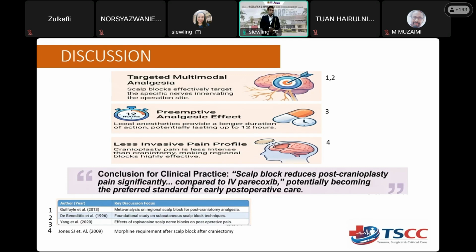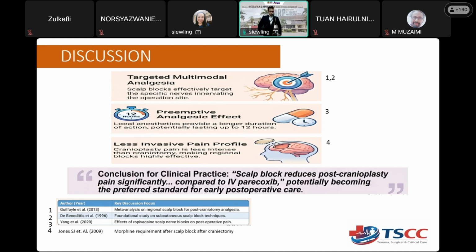Okay, and the meta-analysis shows that those given scalp block post-craniotomy have better pain scores. And in terms of the preemptive analgesia effects, by using ropivacaine, we found that the effect lasts up to 12 hours.